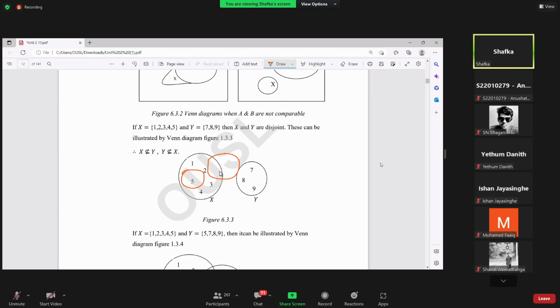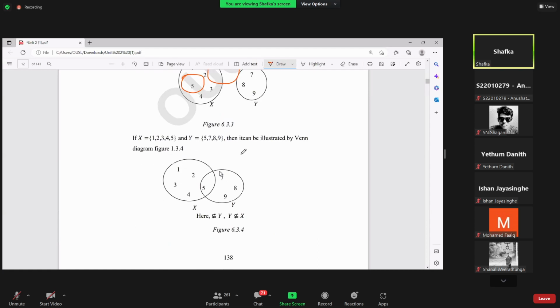If we don't have any common elements, we call those sets disjoint sets. X is not a subset of Y and Y is not a subset of X. If you have common elements, then we have a part for the intersection, the common area for both X and Y. Here also, what can you say about the subset?